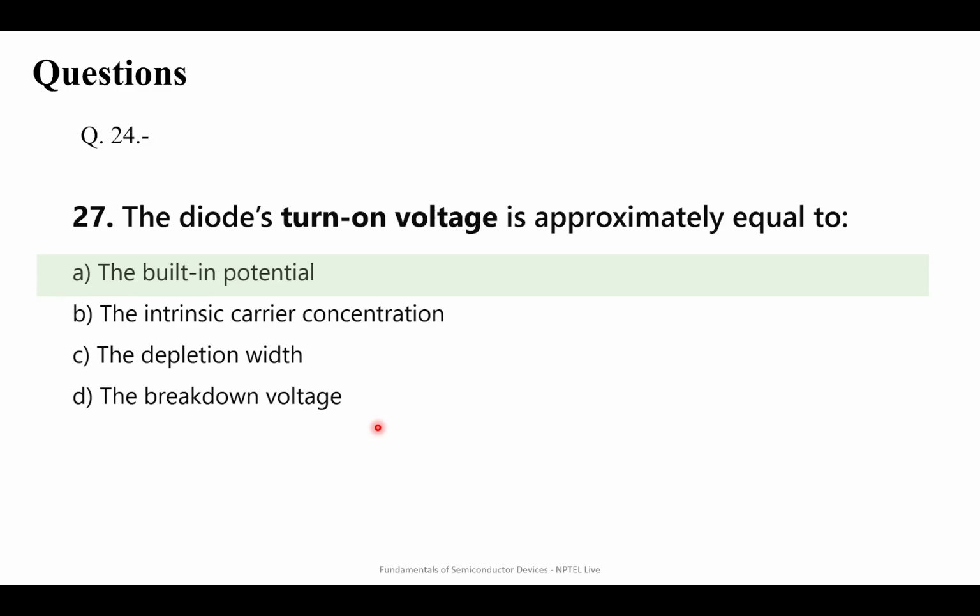When you are applying a reverse bias to your diode, we just read that your depletion width is increasing. As you apply more and more voltage, your depletion width will increase more and more. At a certain point, your depletion width will become equal to the length of the diode. There is no p channel and n channel left.